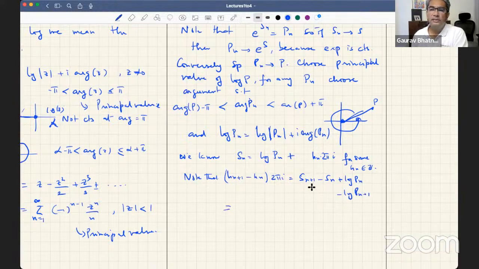So this is log of (1 plus a_{n+1}) plus log P_n minus log P_{n+1}.